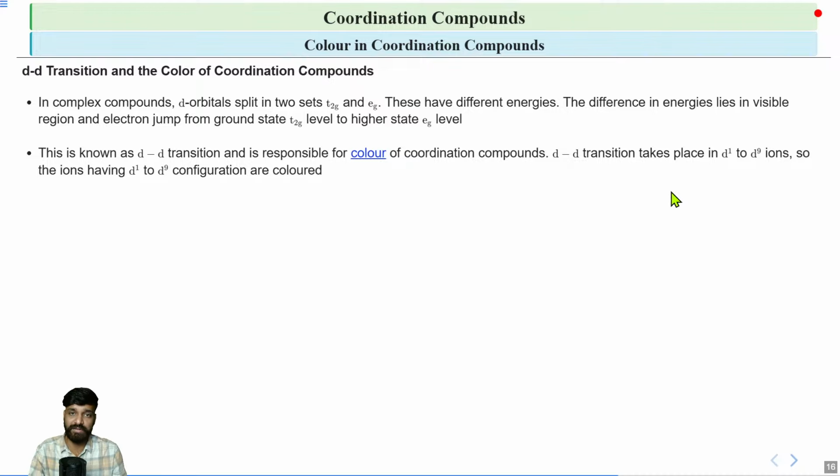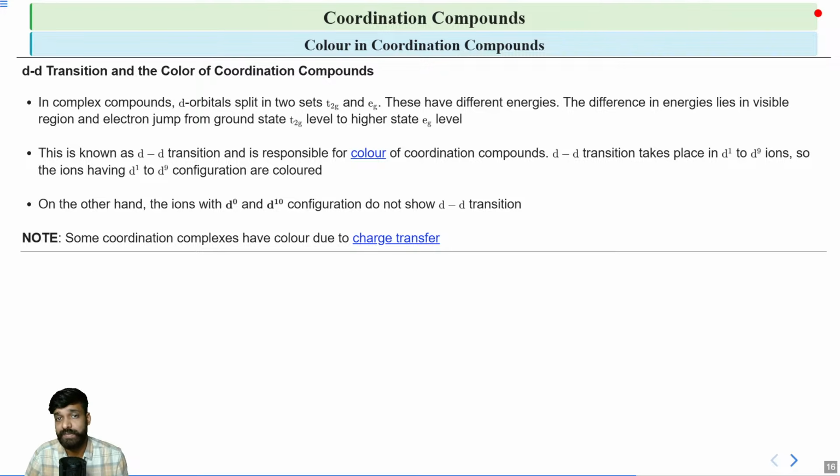So in these cases, the DD transition is not observed at all. So it is only observed if they are capable of showing DD transition. And what is the reason behind it? The reason is the charge transfer spectra. Okay, so we have talked about an example regarding a complex that shows a charge transfer spectra.